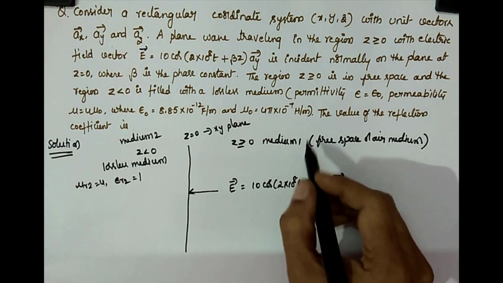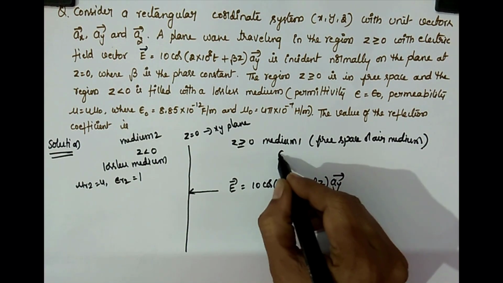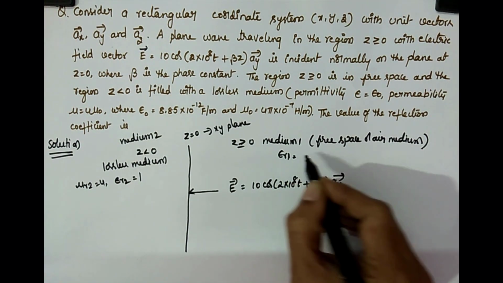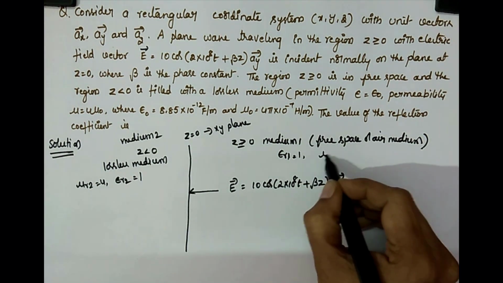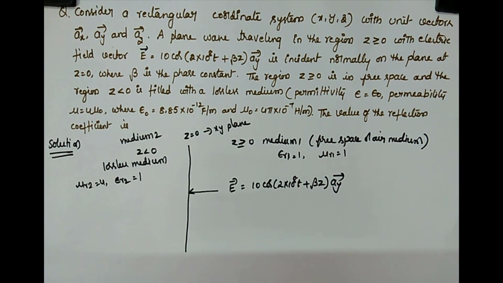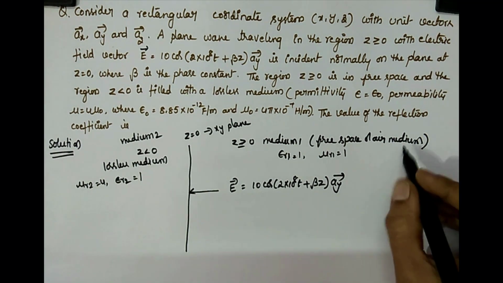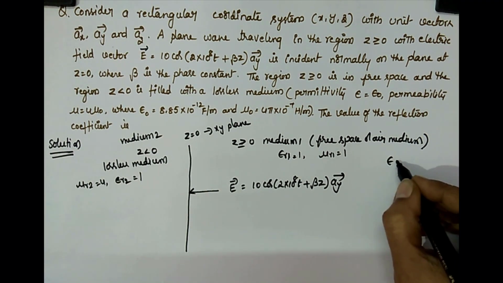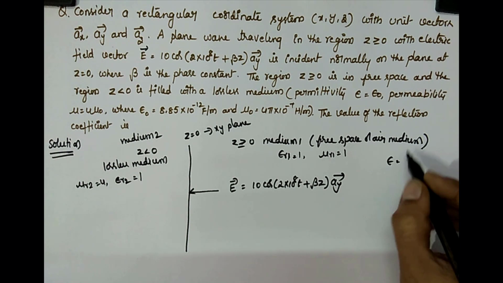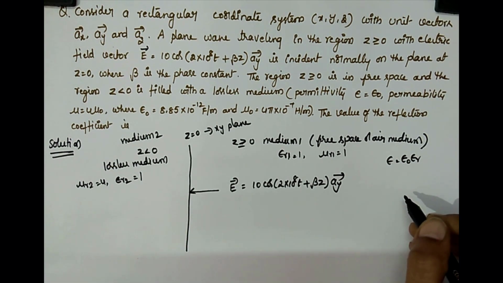For medium 1, εr1 and μr1 are 1. I'll explain it clearly. The permittivity of any medium is ε0 times εr.